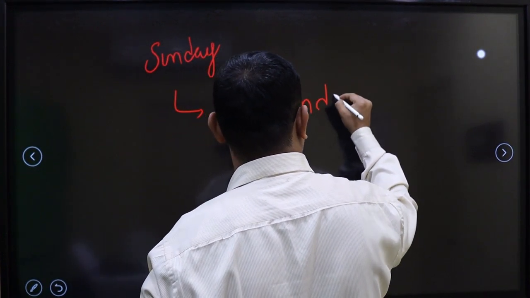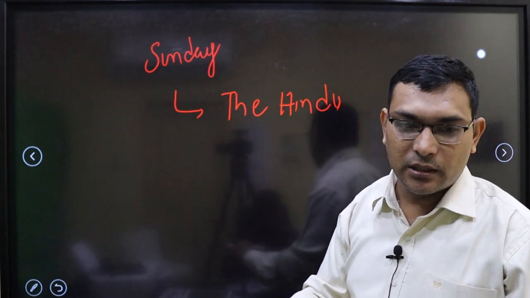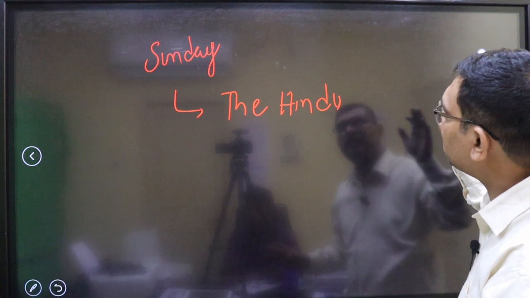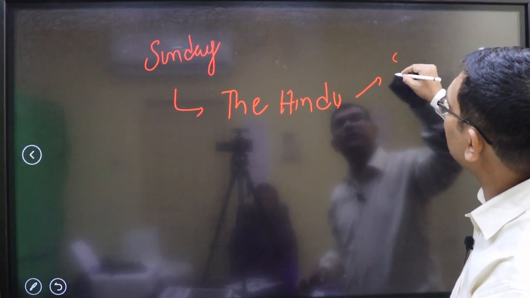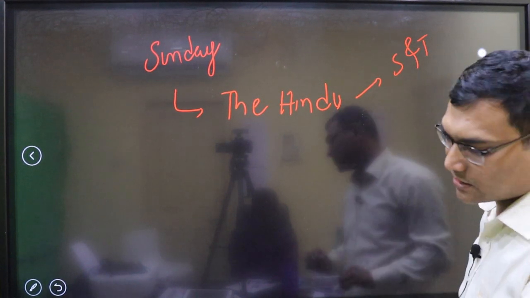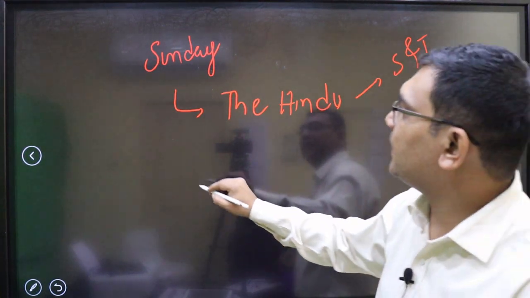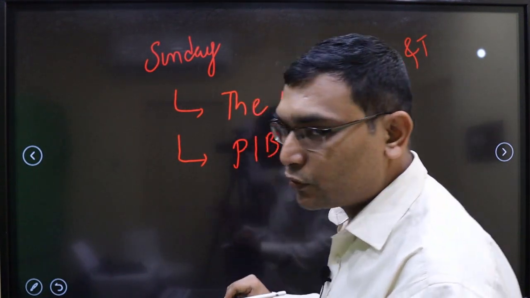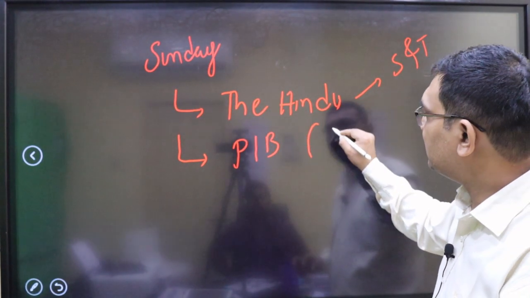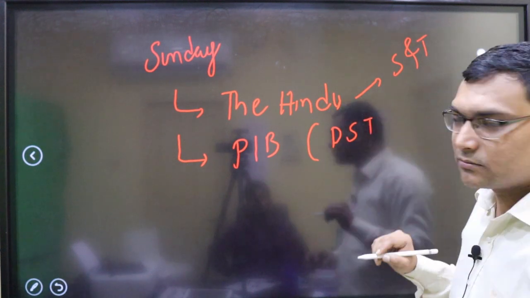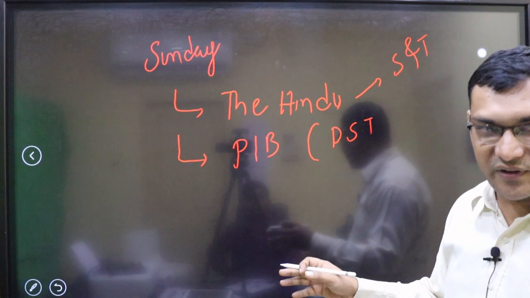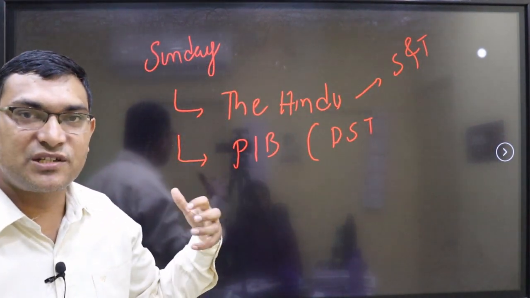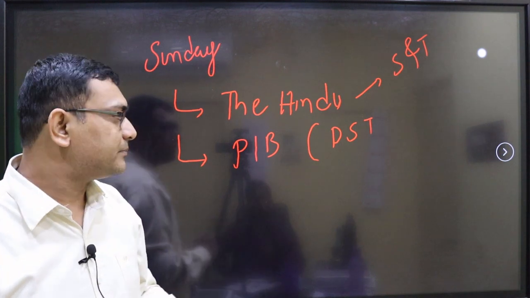Not only Sunday, but any article in any newspaper regarding science and technology, you have to study first, The Hindu. Second is PIB, the Press Information Bureau. We have to know about ministries like DST, the Departments of Science and Technology, Biotechnology, Defense, and also the Ministry of Earth Sciences, Biotechnology, etc.